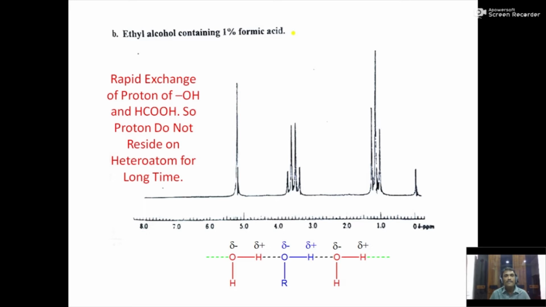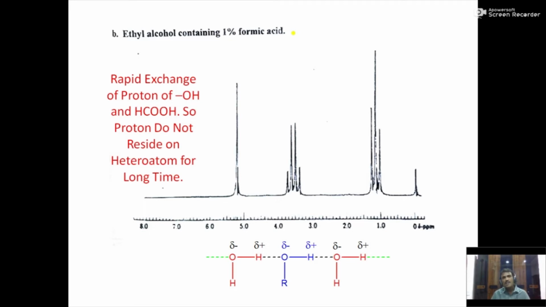Ethyl alcohol containing 1% formic acid. If your alcohol is impure, having some acidic or basic impurities, then your OH proton is not coupling with the CH2 proton in ethanol, because there is rapid exchange of the proton of OH with the proton of the acid.